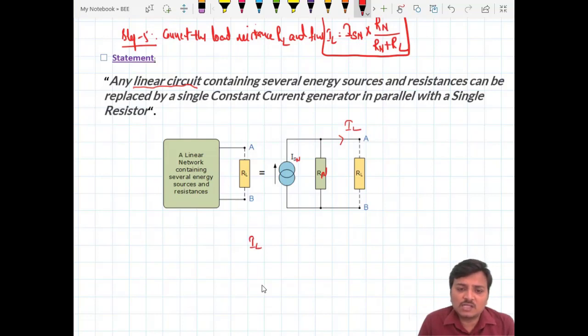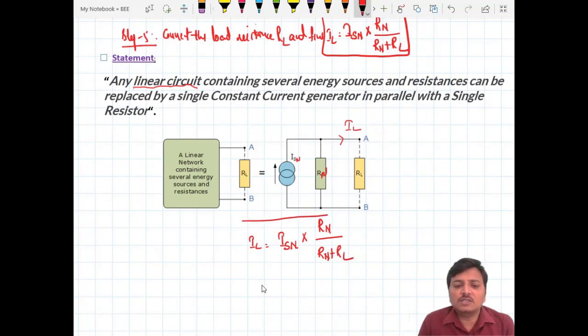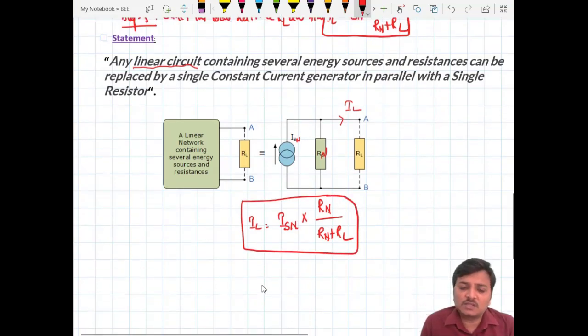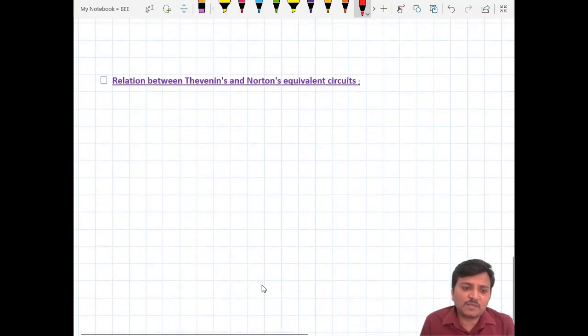IL is equal to the total current ISN times RN divided by RN plus RL. So this is the standard formula. We'll use it to find the response of the load using Norton's theorem. Right. So this is the simple explanation of the statement.